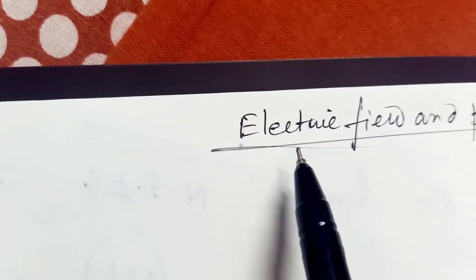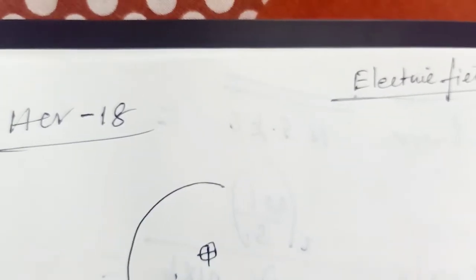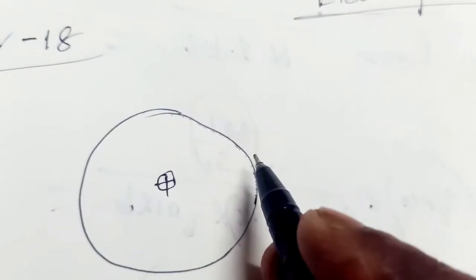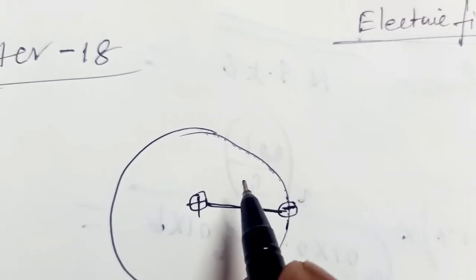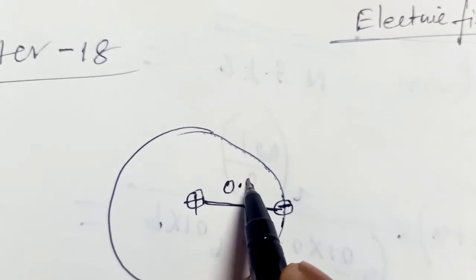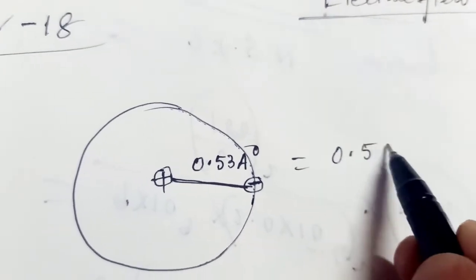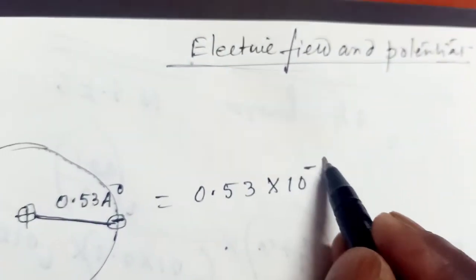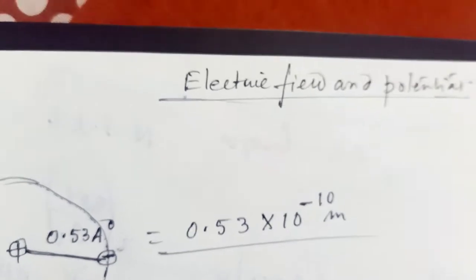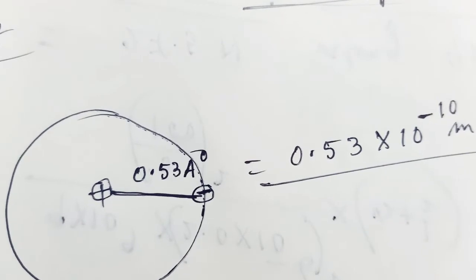Here a positive charge is given and an electron in the ground state. So here an electron is revolving, and that particular distance is 0.53 angstrom, that is equal to 0.53 into 10 to the power minus 10 meter. Yes, it is given.